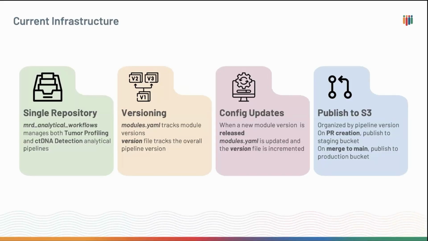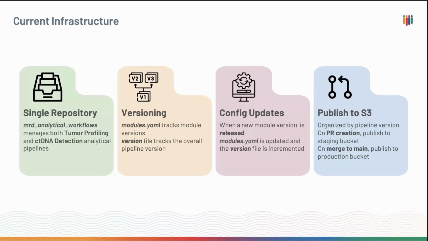Let's first start with the current infrastructure. Currently, MRD assay retains module and versioning for both tumor profiling and ctDNA detection pipelines within a single GitHub repository. Within this repository, MRD analytical workflows, we maintain two key files: a version file which tracks the overall version of the analytical pipeline, and a configuration file, modules.yml, to track individual versions and other metadata of each module.